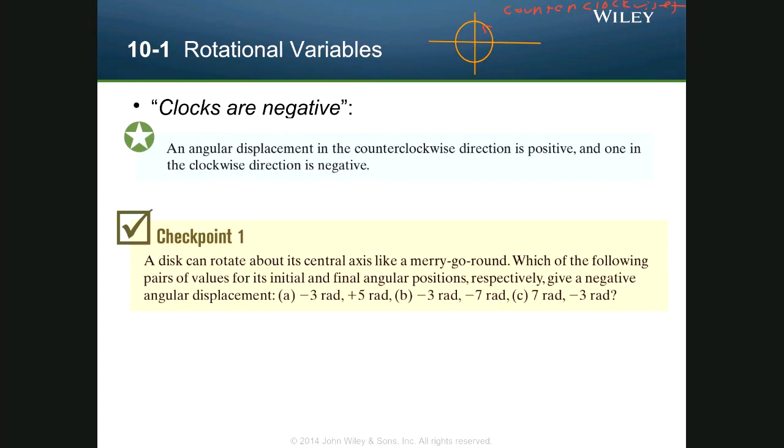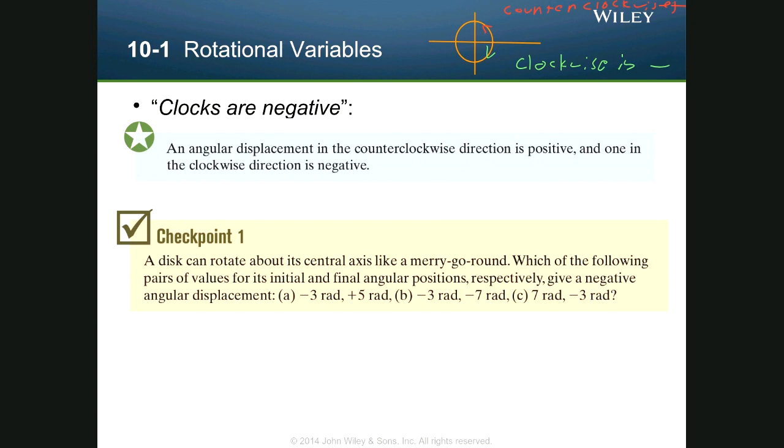And if we go clockwise, is negative. All right. So you want to keep that in mind as you're going through your angular displacements, that you do have positive and negative rotation, just like we have before, and we aren't changing conventions or anything. It's all the same like you remember it.